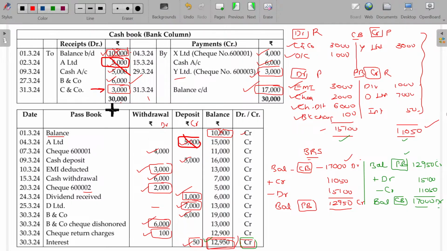But this 3,000 is not appearing here, so this may be collected and shown as a receipt in the next month's passbook. Am I right? Next month's passbook. In this month, it is not showing. So if you are given the next month's passbook instead of this detail, this 3,000 may be appearing. It means that anything matching in the next month's passbook remains unmatched, a reason for disagreement in the current year.